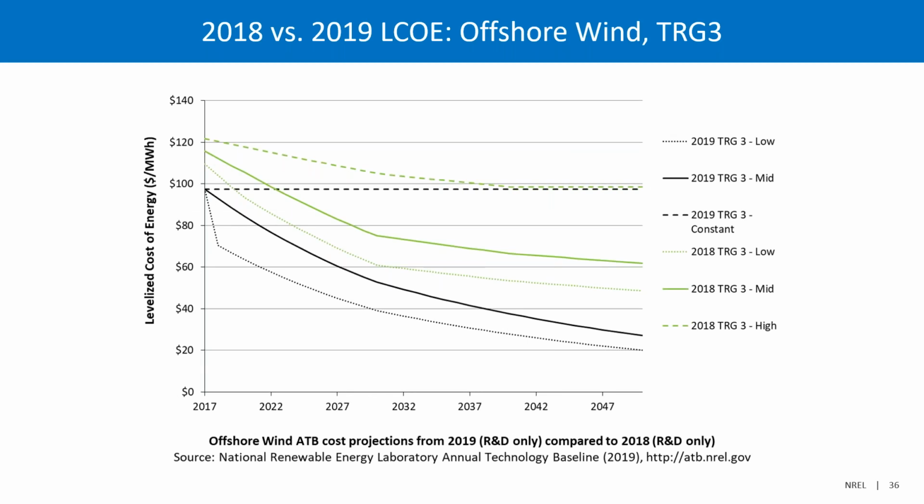As I've mentioned, we're estimating a clear decline of costs compared to last year's ATB, starting for TRG 3 at around $100 per megawatt hour in 2017 to around $50 in the 2030 to 2032 timeline, and then decreasing in the mid case to just above $30 out in 2050.